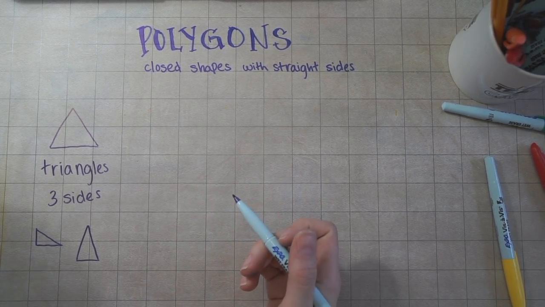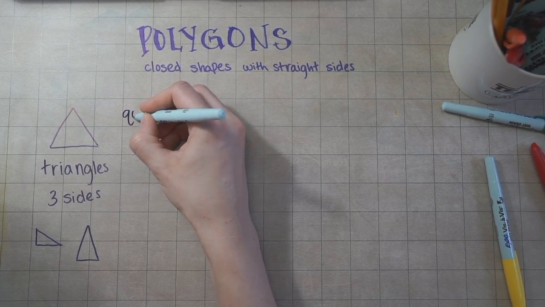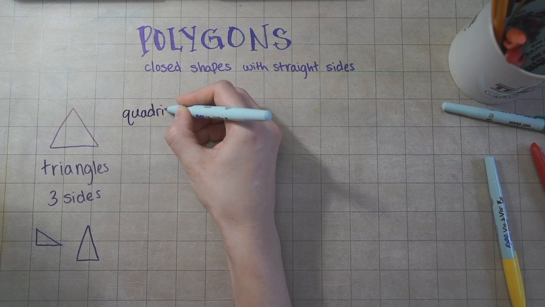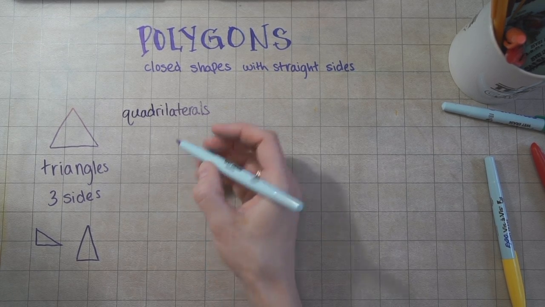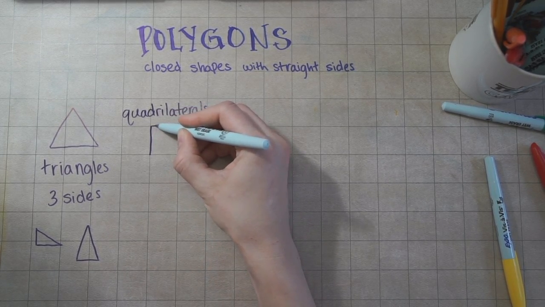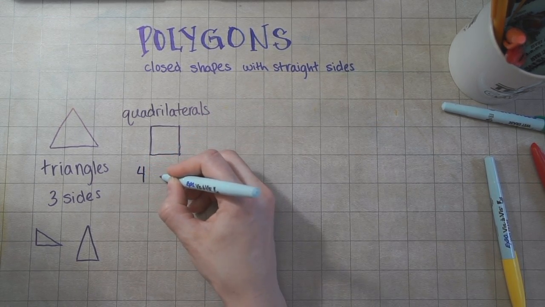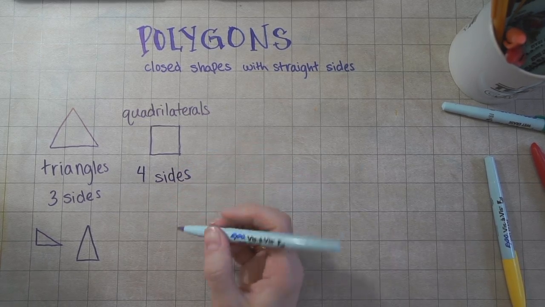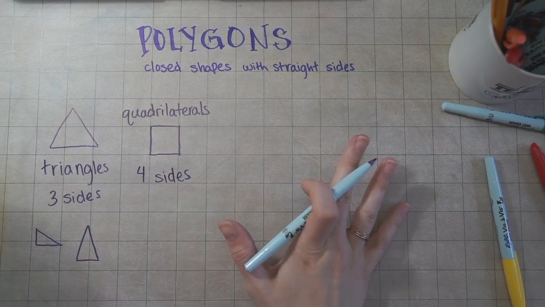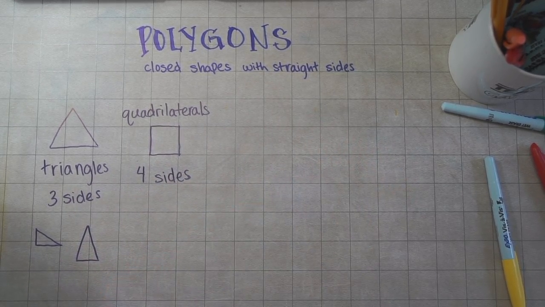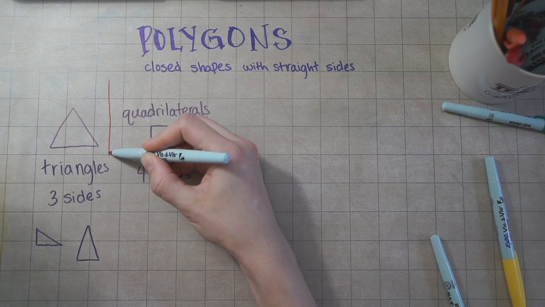Another group in the polygon family are the quadrilaterals. Quadrilaterals all have four sides, like that square we looked at earlier. In fact, you'll notice as I go through here that the polygons all have special names depending on how many sides they have. Let's just draw a little dividing line so we don't get mixed up.